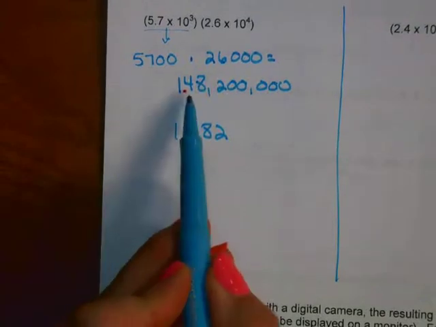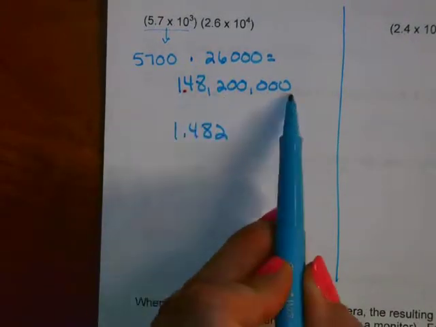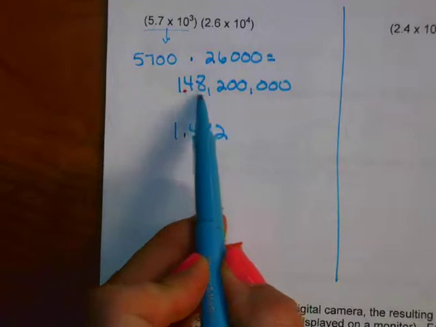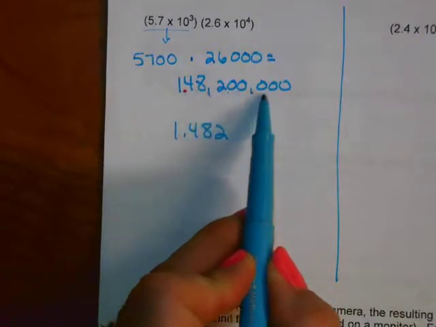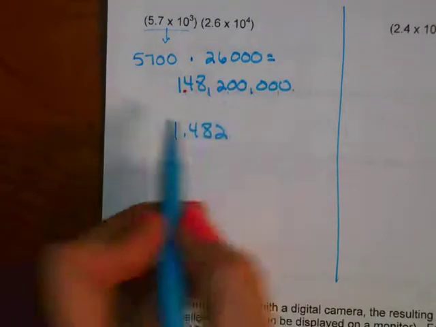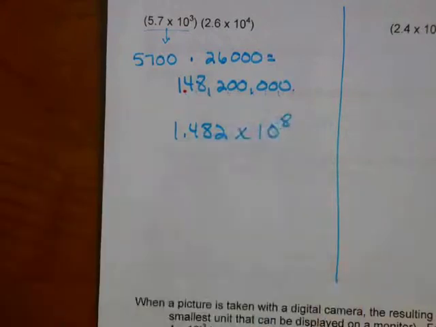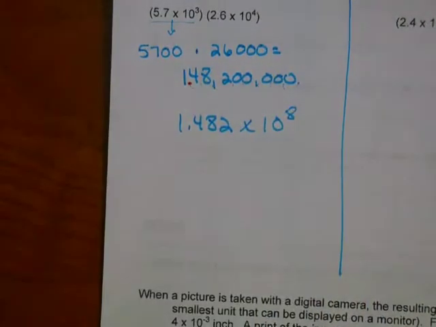How many times would I have to multiply by 10 to get it to my original spot? 1, 2, 3, 4, 5, 6, 7, 8. So it's times 10 to the 8. Okay, now, the other way to do it, last hour I didn't really like it, but I think you should see it both ways.